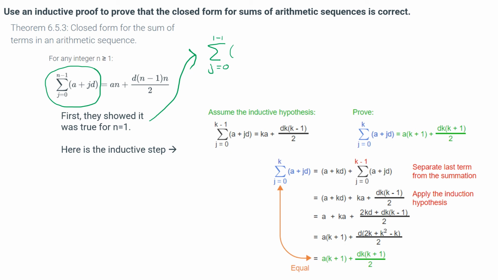And then we have a plus jd, and that is equal to, we just have one term in here, and that's when j is equal to 0, because we're going from 0 to 0. So we have a plus 0 times d, and that's equal to just a.